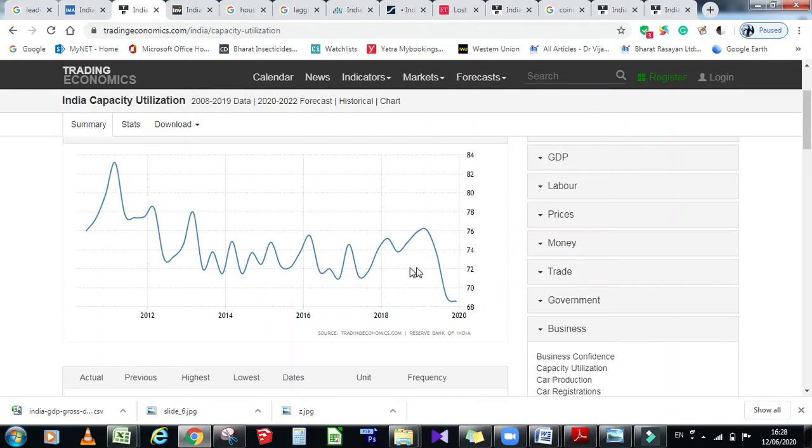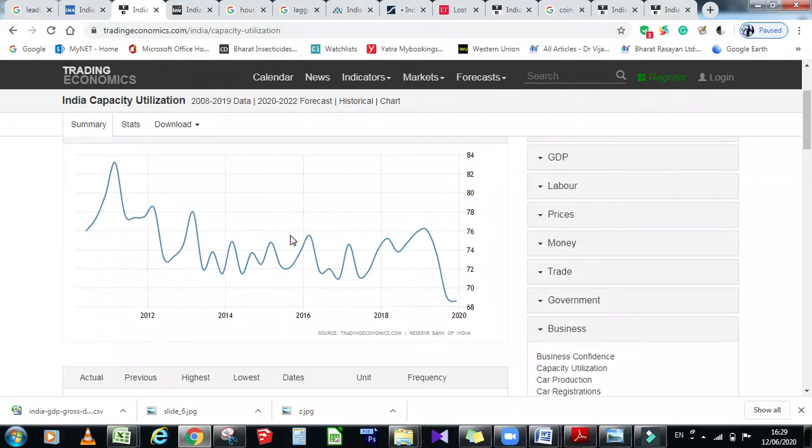Right now you can see the production capacity is very low, which shows that COVID has influenced this very much. And you can see there is a fall from maybe 2010, and it has been falling from that day.